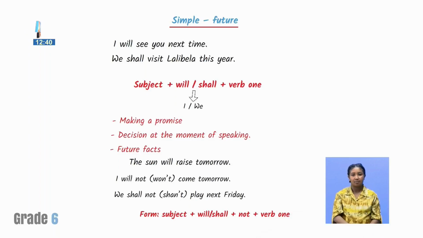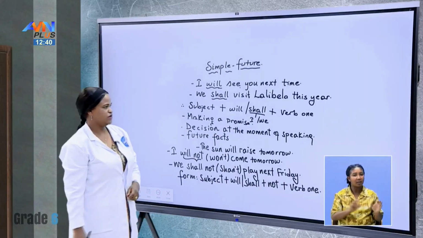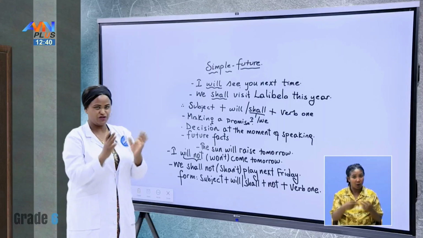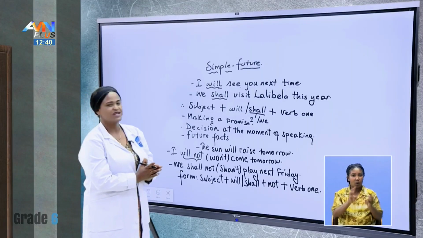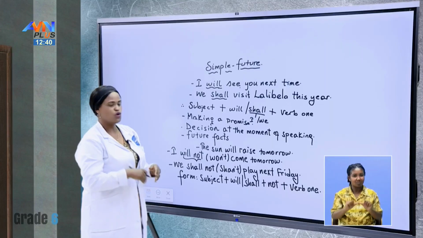Very good. This is how we make it negative. So we have seen the first way of making a future sentence. Let us go to going to.